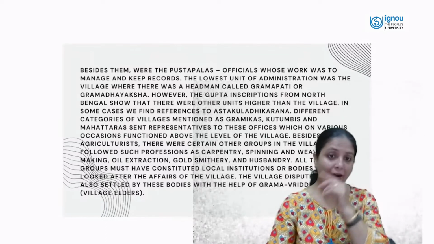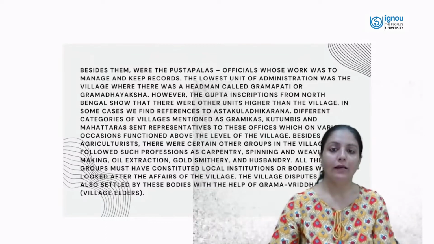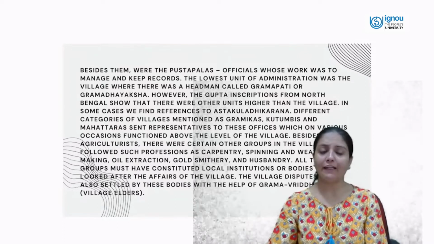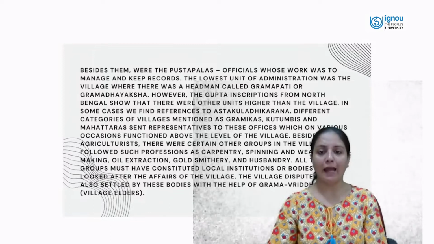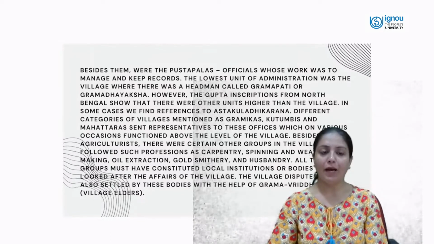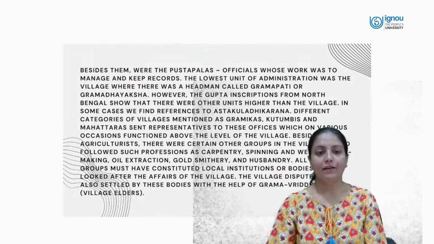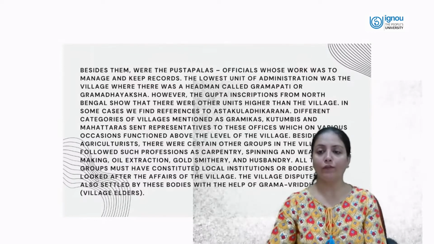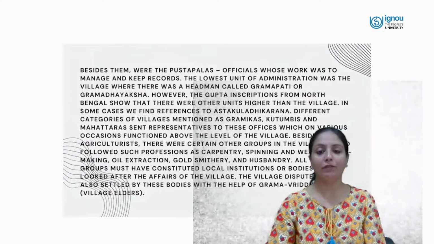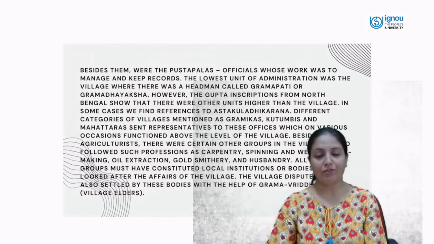In some cases, we find references to Ashtakuladhikarana. Different categories of villages mentioned as Gramikas, Kutumbis, and Mahattaras sent representatives to those offices which on various occasions functioned above the level of the village.